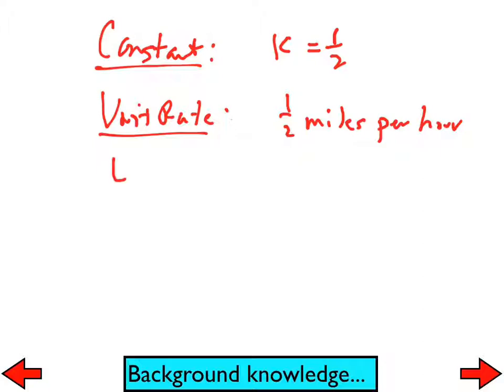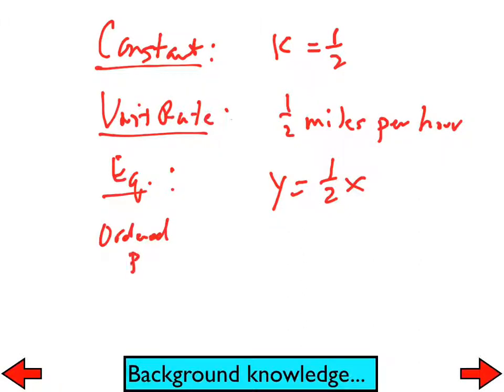The equation might be something like y equals 1/2 x. I don't know why I wrote k when I said x. And the ordered pair where the unit rate is found would be at like (1, 1/2).